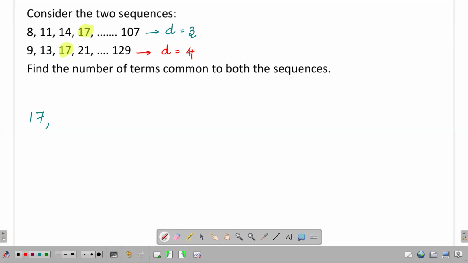Now, listen carefully, I have identified 17 as the first term which is common to both these sequences.